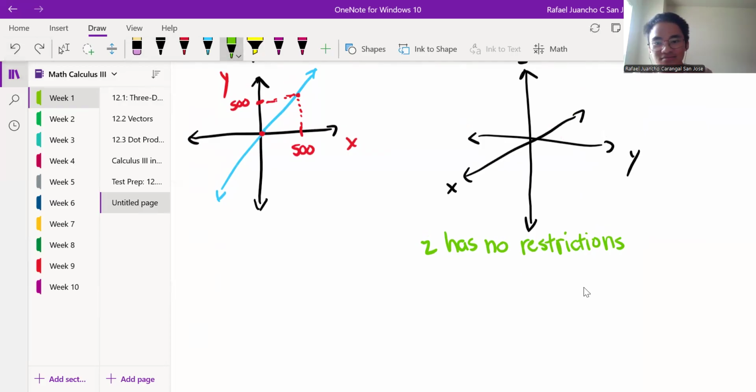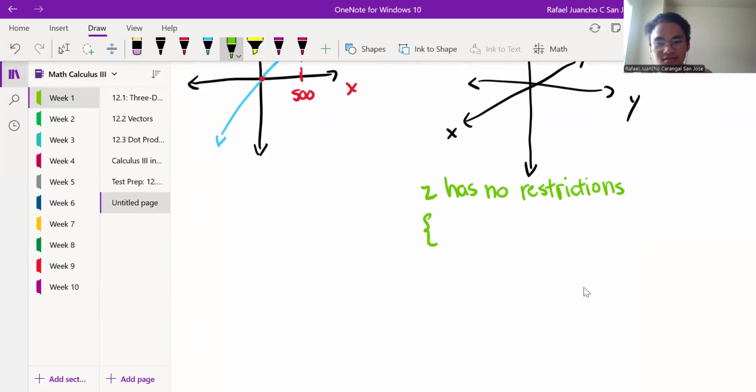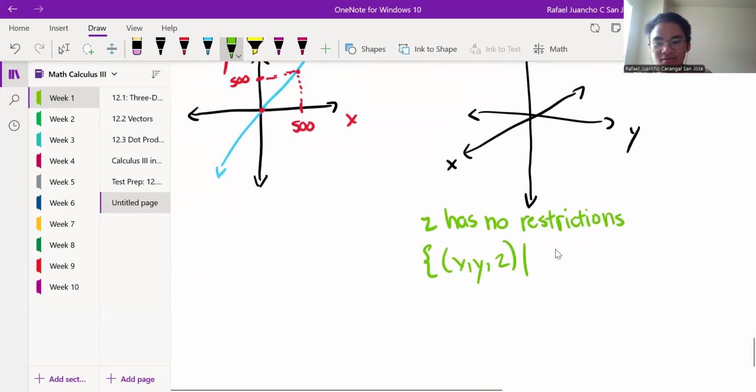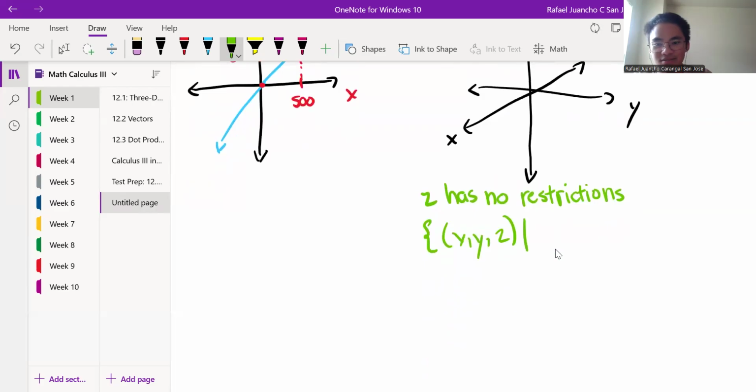So what's that? It's the set where it could be any point. Here, x, y, z are real numbers. That makes sense, but we already know that. But since x equals y, we can just change y.